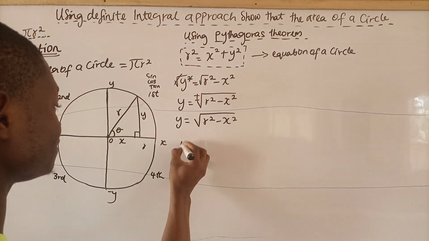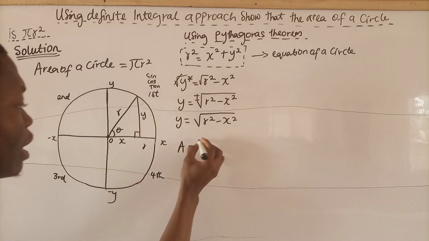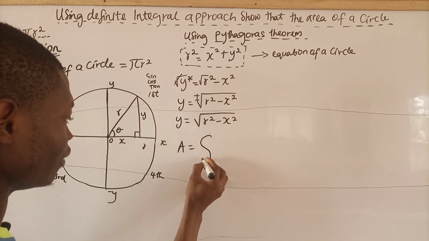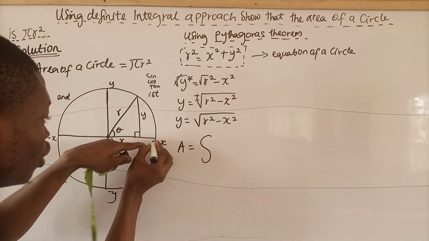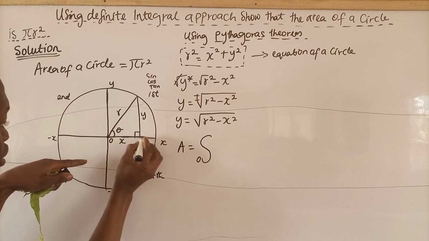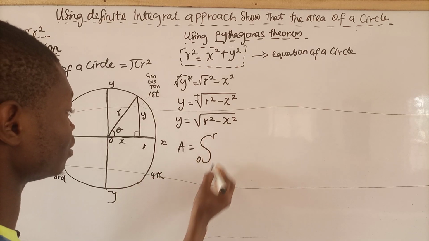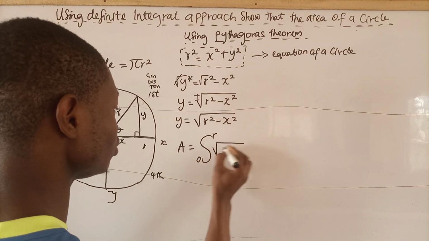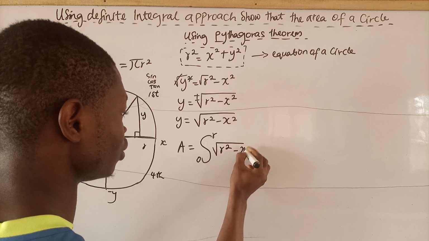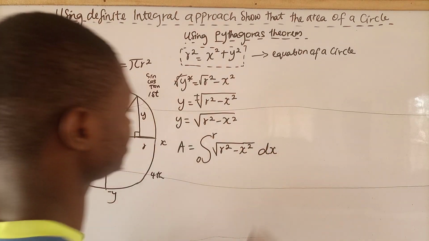So my area is going to be the integral from 0 to R. You know that this line is the radius, R. The integral from 0 to R of the function square root of r squared minus x squared dx.